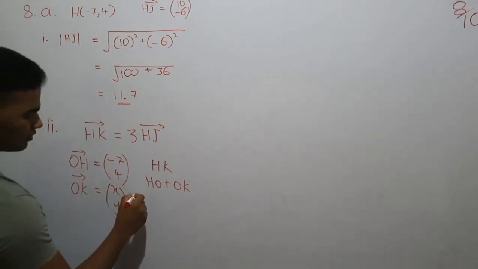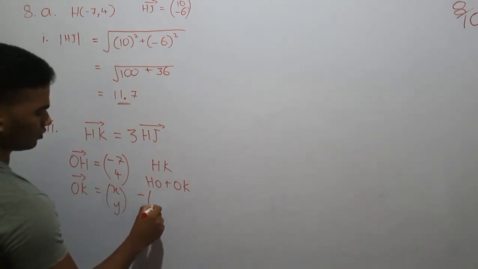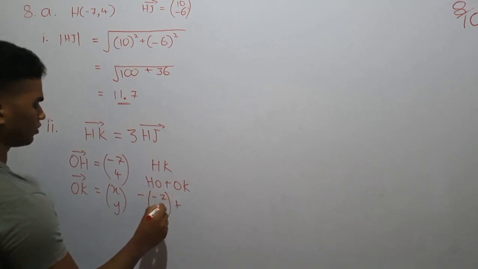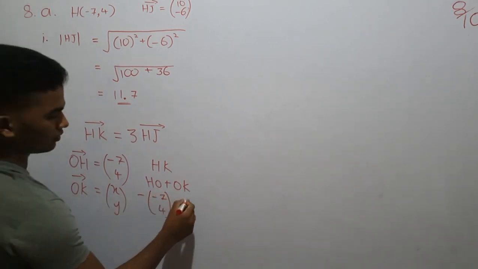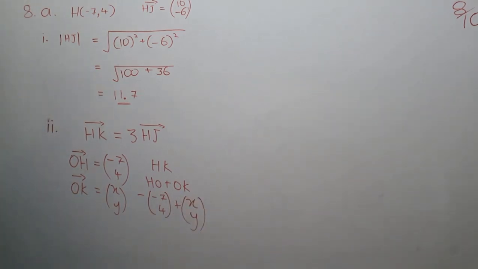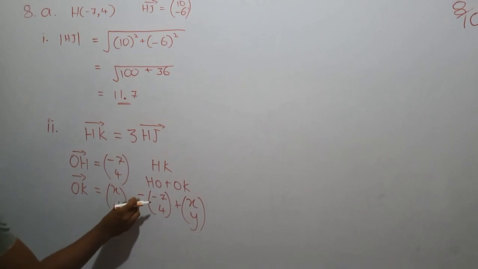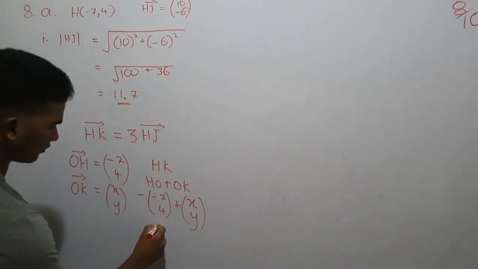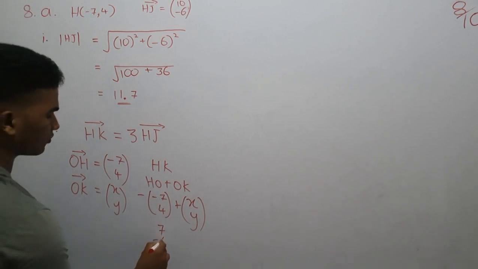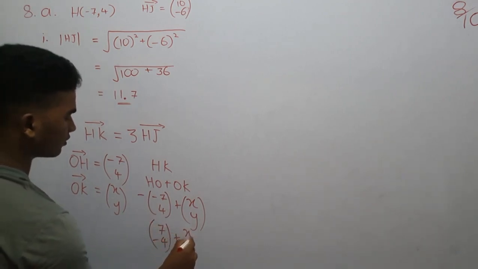So minus into -7 and 4 plus OK is x and y. So minus into -7 is +7 and minus into +4 is -4, plus x and y.